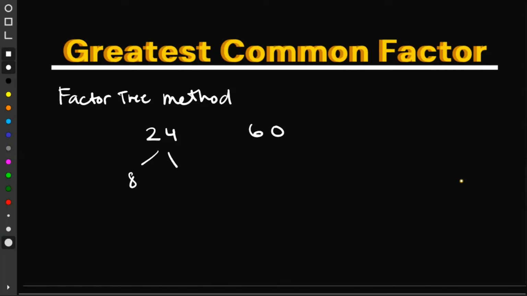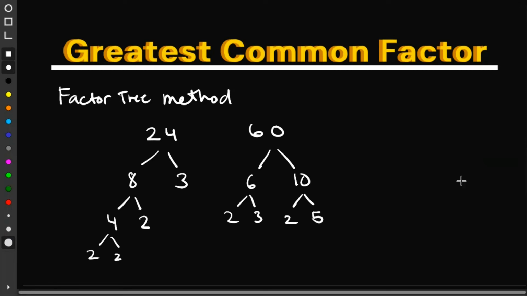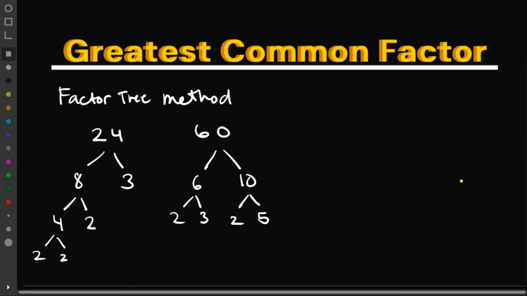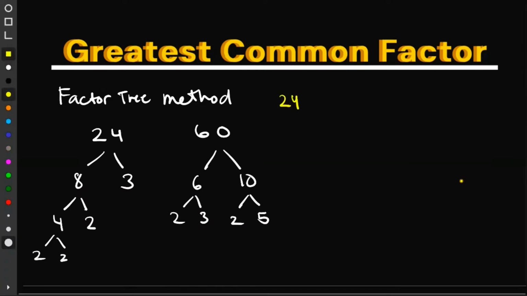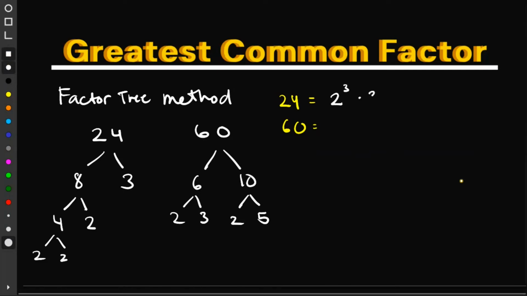Now, we can write 24 and 60 in their prime factors. So we have 24 is equal to 2 cubed times 3, and 60 is equal to 2 squared times 3 times 5.